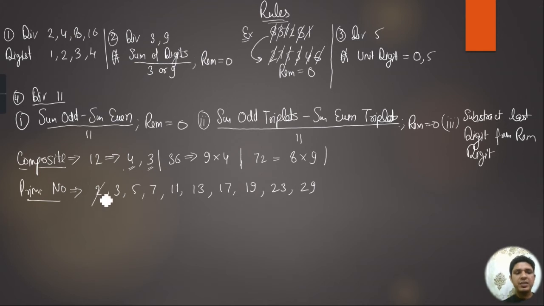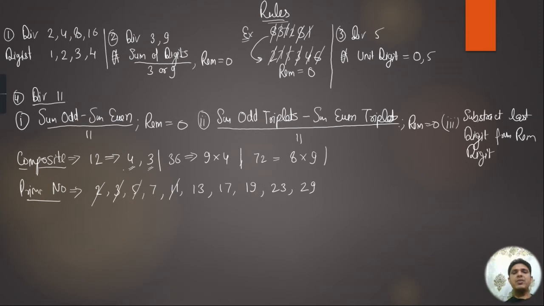So here we have discussed the divisibility rule of 2, 3, 5 and 11. Apart from this, there are some numbers whose divisibility rule people should know. So I will be discussing the divisibility rule of these numbers in the next video, students.